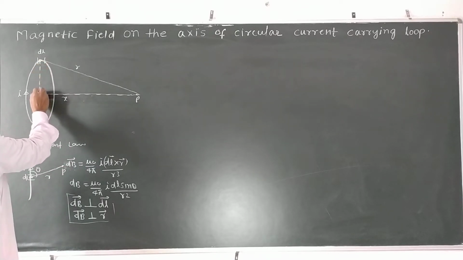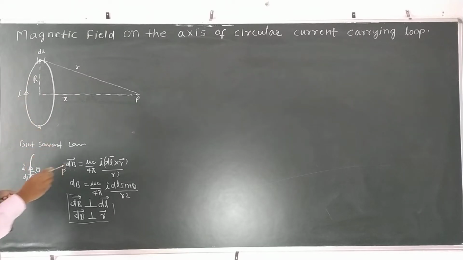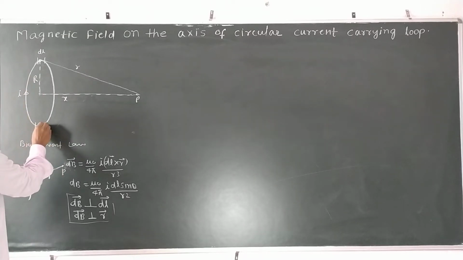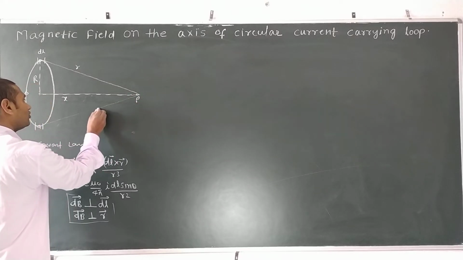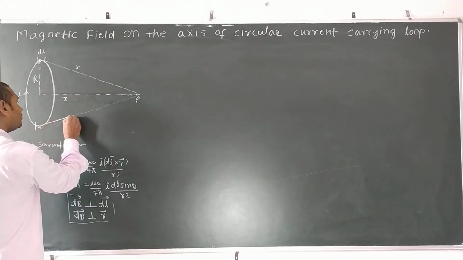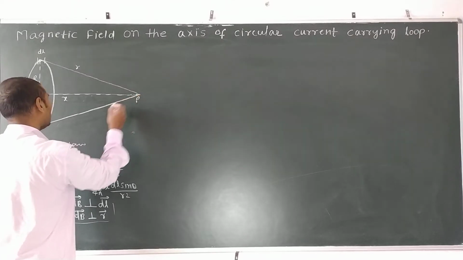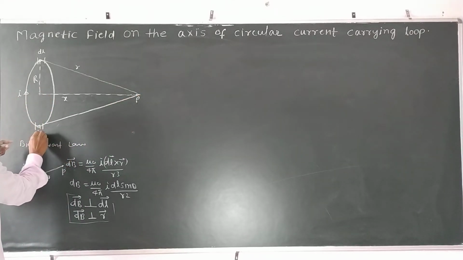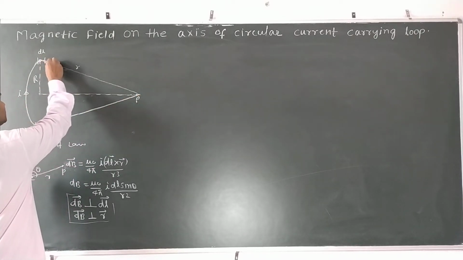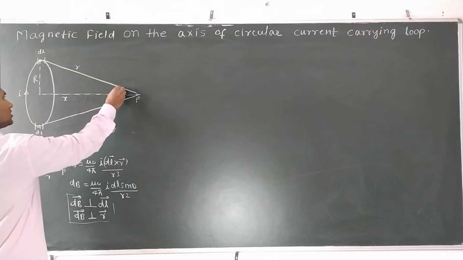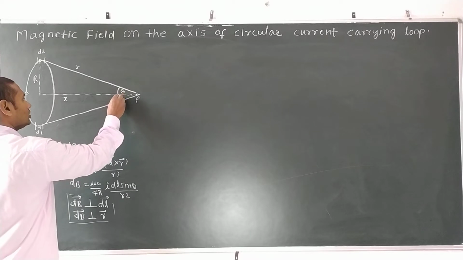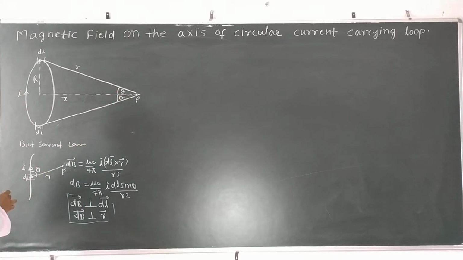The radius of this loop we suppose is capital R. In the same way we take an element and find the magnitude of the magnetic field due to this dl at a point P. This makes an angle theta.